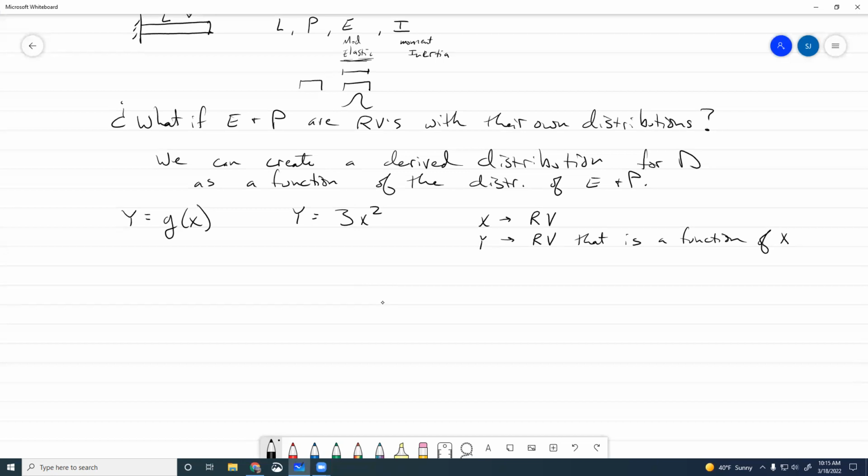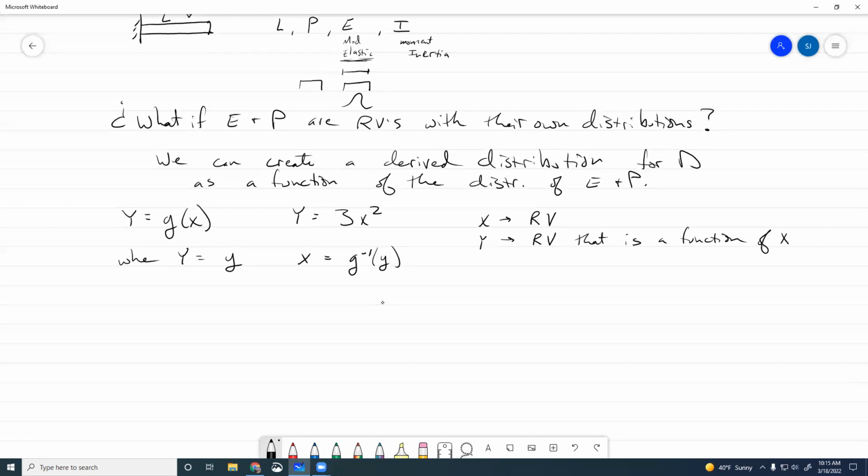And when our big Y takes on some value, little y, we can say that x, little x, takes on some value, which is the inverse function of y.